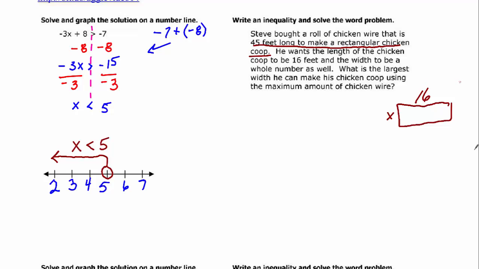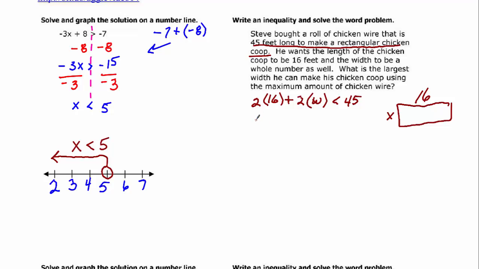To get perimeter, to get all the way around this, we have the 16 twice, the length twice, and we have the width twice. And all of that has to be less than the 45 feet worth of wire that he bought. You can't have more distance around this chicken coop than 45 feet because that's all the wire that he bought.